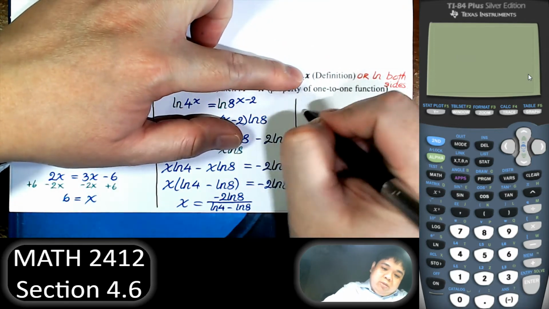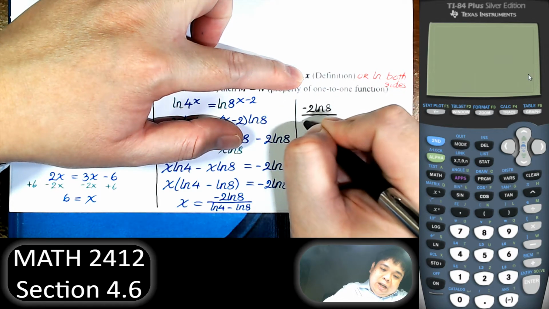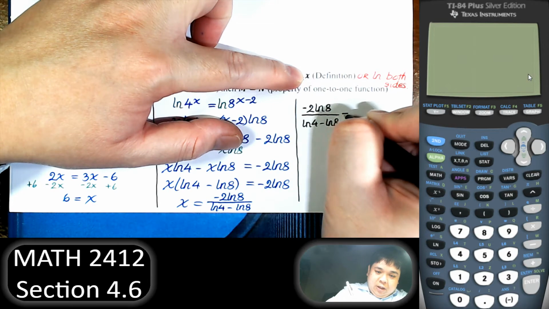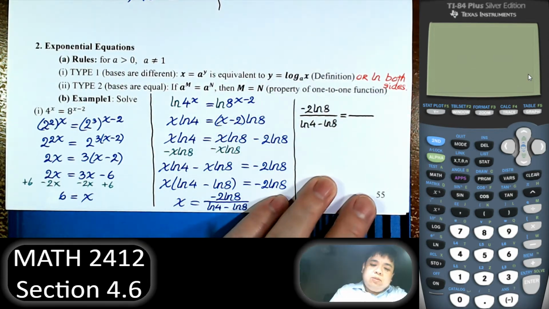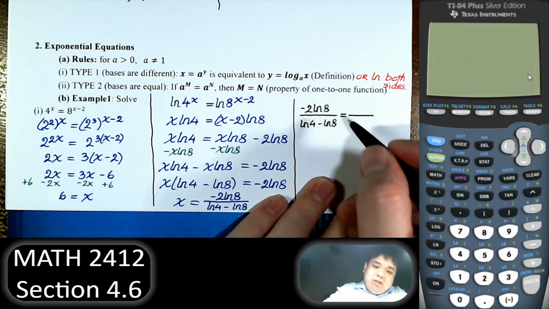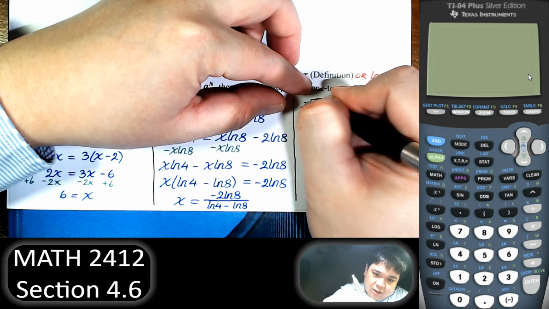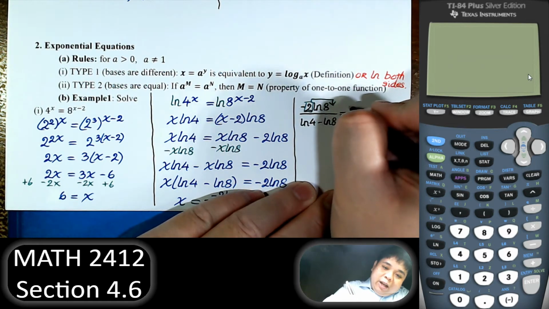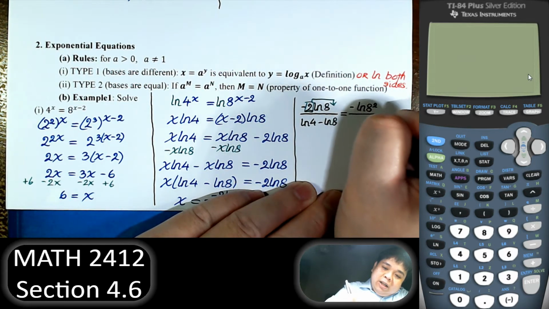What I'm going to write next is to show that they actually are equal. So I will start from negative 2 ln of 8 over ln of 4 minus ln of 8. Right. So first, can you take the 2 inside? So we have negative ln of 8 squared.